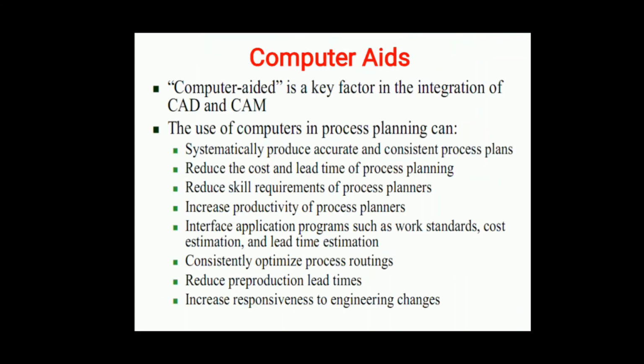Computer aids are a key factor in the integration of CAD and CAM. So we can see the use of computers in process planning, how they help systematically produce accurate and consistent process plans. By using the computer we get systematic accuracy in process plans, reduce the cost and lead time of process planning, so it saves time, reduces skill requirements of process planners, and increases the productivity of process planners.